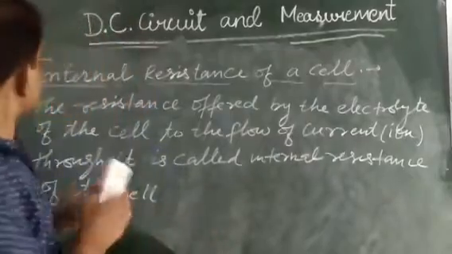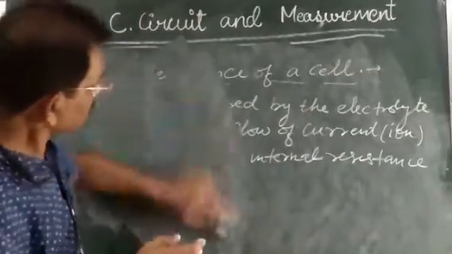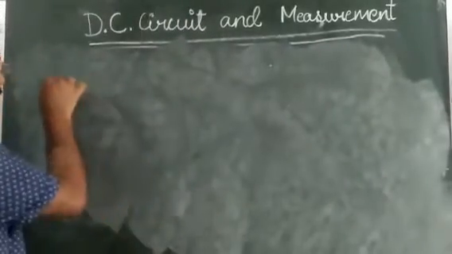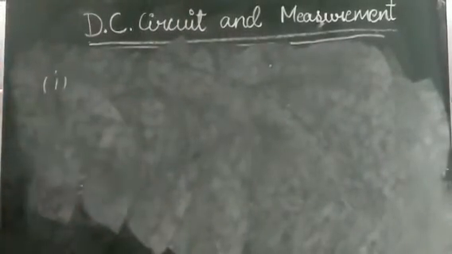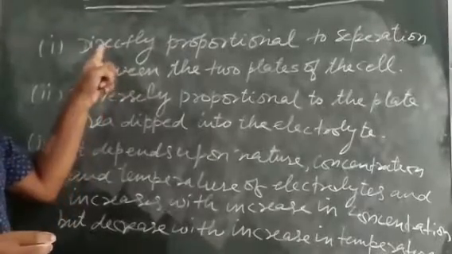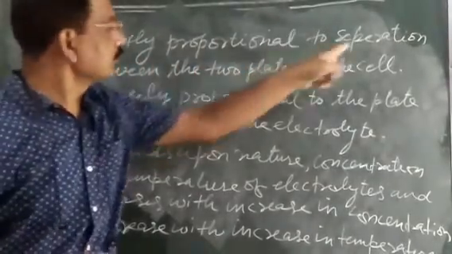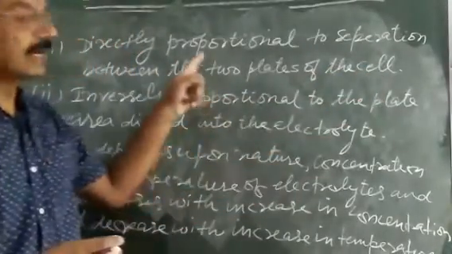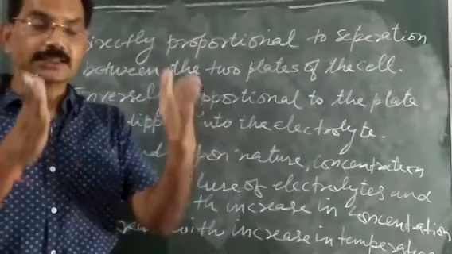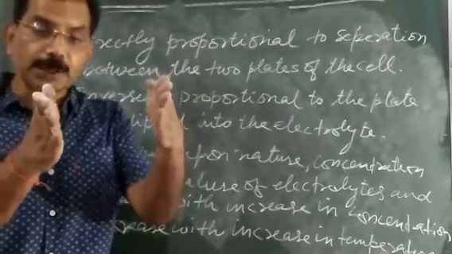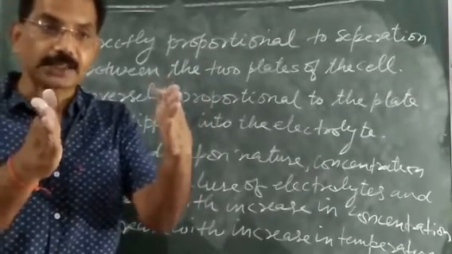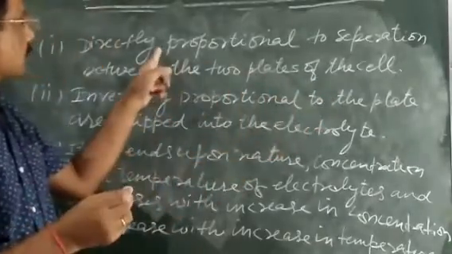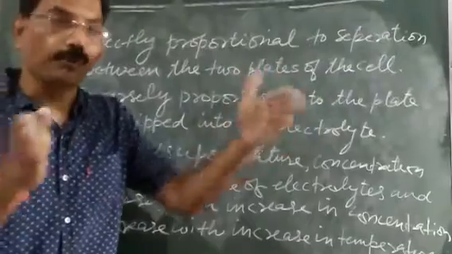And the internal resistance depends on the following factors. First, it is directly proportional to the separation between the two plates of the cell. It means if the separation between the plates is more, then its internal resistance will also be more.